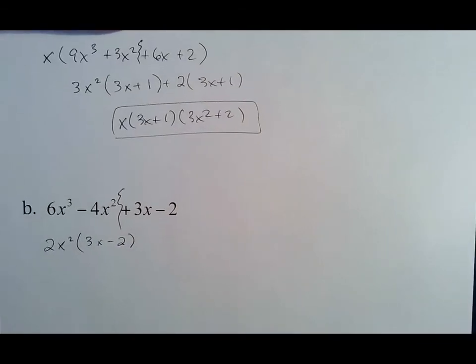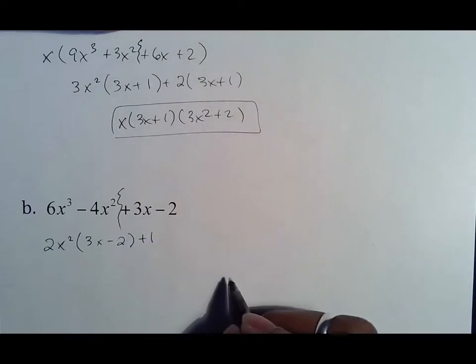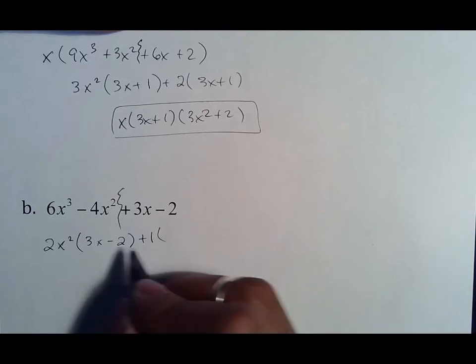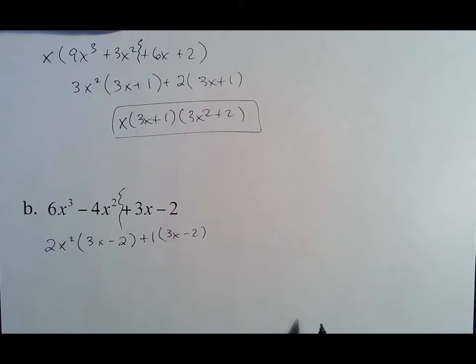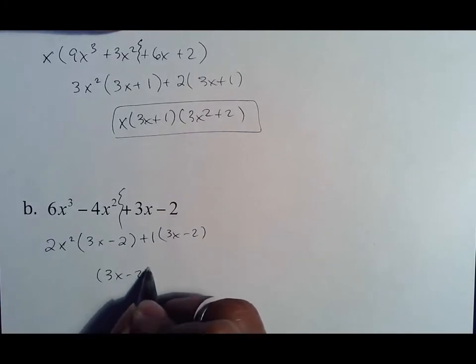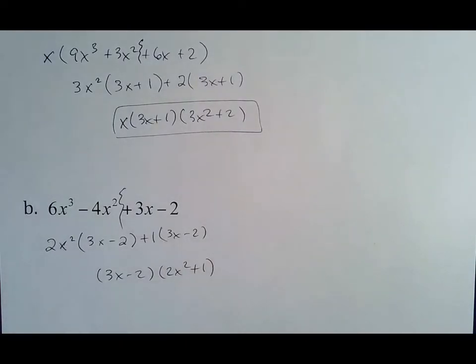That's gone. Copy the plus sign. 3 and 2 have nothing in common, so remember we have to put a 1 there. Can't take off any x's, but I know I'm going to end up with 3x minus 2, which is the same thing as what's there. So then we pull off the 3x minus 2, and we're left with 2x squared plus 1. And that is all.